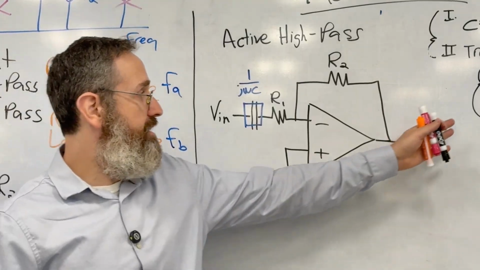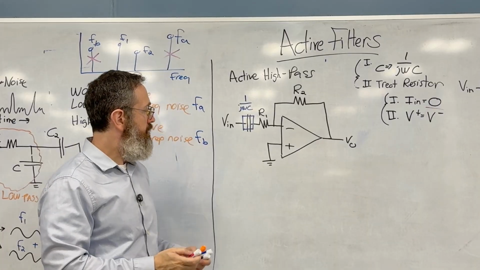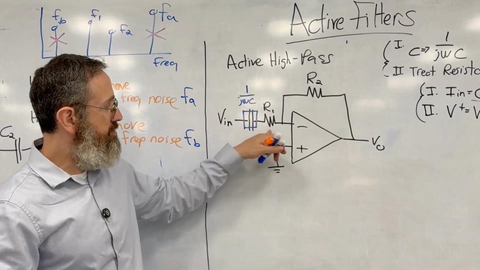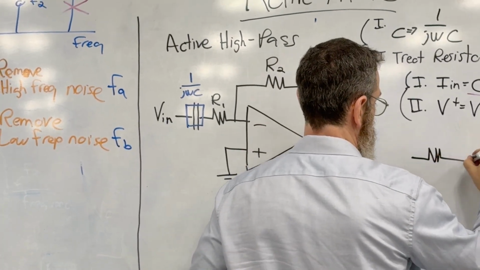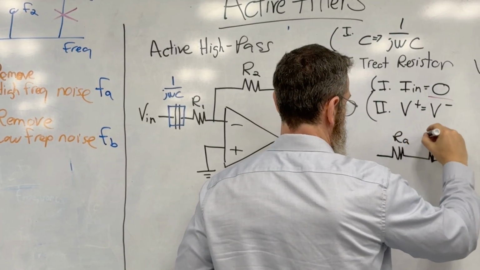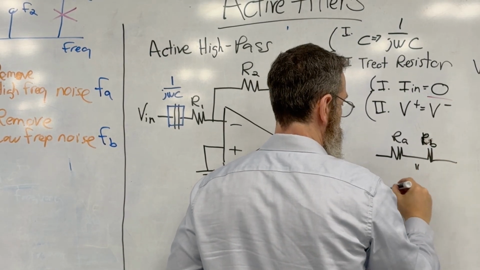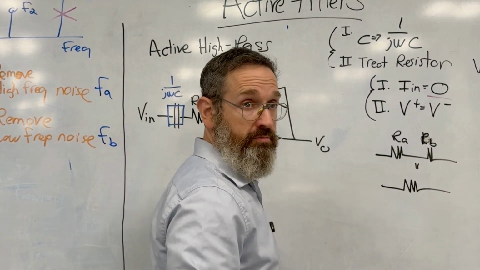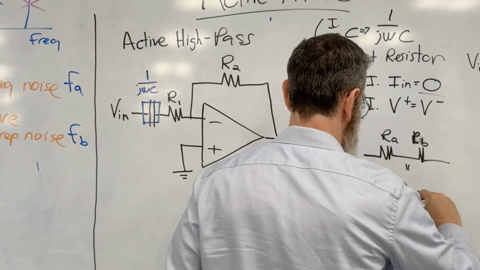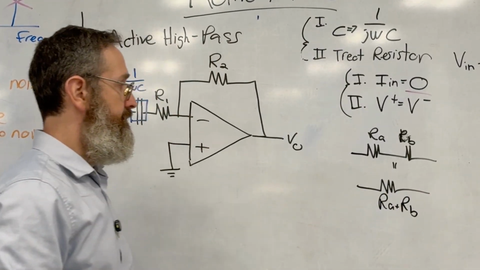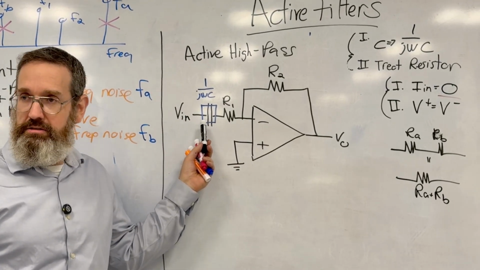And now we're going to go ahead and apply these rules as well, right? But when you have two resistors in series, we can, of course, combine them into a single resistor, from the perspective of Ohm's law, which is equal to RA plus R sub B. These are two resistors in series.